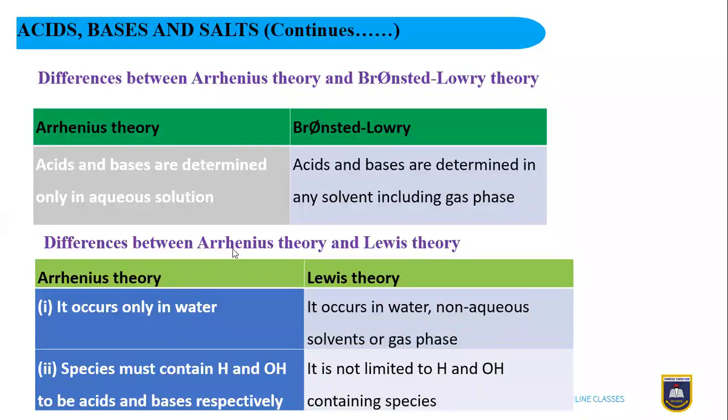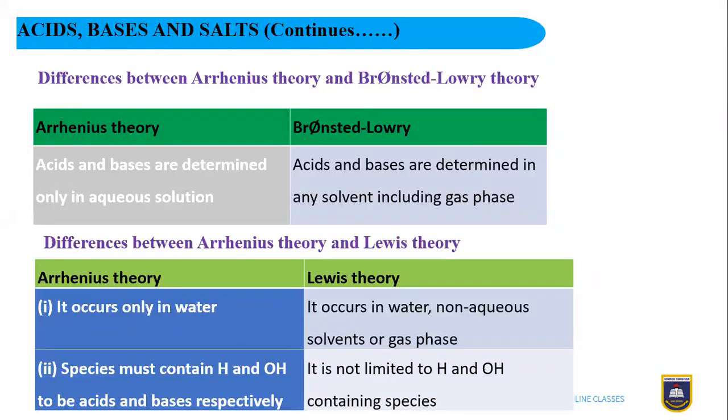Now, between Arrhenius and Lewis, one difference is that under Arrhenius, it occurs only in water. I said that earlier. But Lewis, it occurs in water, non-aqueous solvent, or gas phases, just like Brønsted-Lowry too. When I was giving you Lewis definitions, he didn't say in aqueous medium or in gaseous medium or in any medium. It just says a substance that is capable of accepting an electron pair is an acid.